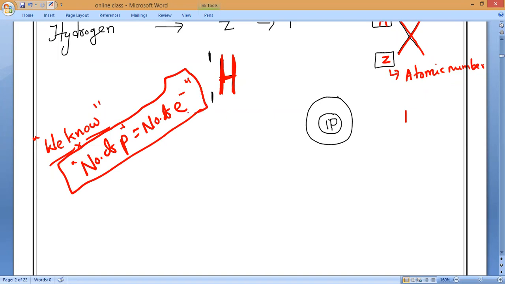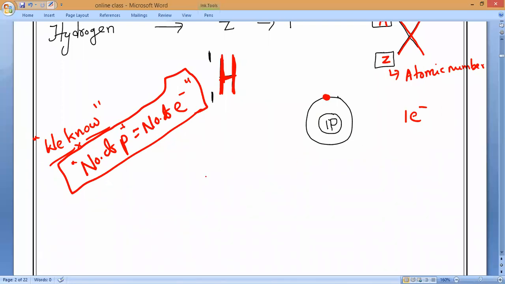But number of protons may not be equal to number of neutrons. Understanding? So maybe equal or may not be equal. That is what you have to remember. So number of electrons is also 1. So that electron is revolving here. So this is the hydrogen atom structure.